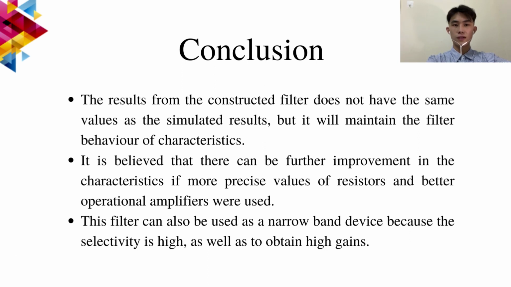It is believed that there can be further improvement if more precise resistor values and a better operational amplifier were used. This filter can also be used as a narrowband device because the selectivity is high, as well as to obtain high gains.